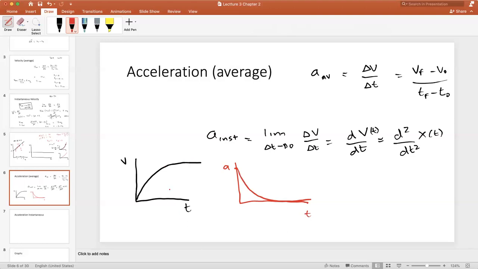So your acceleration is really, really positive at first, and it decreases and decreases, just like the slope of this line is decreasing with time until it becomes flat. A slope that's horizontal is 0.